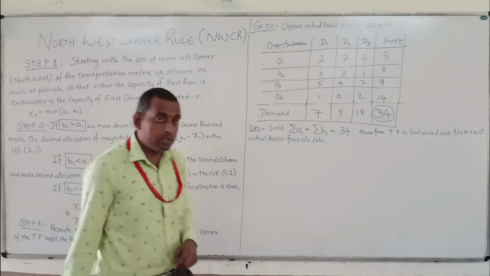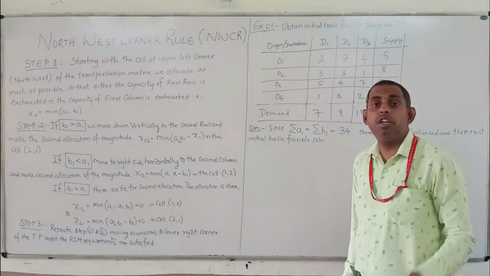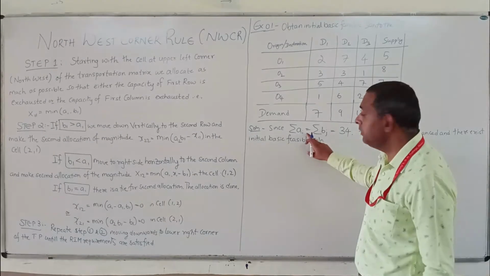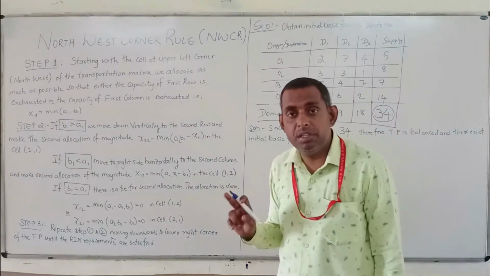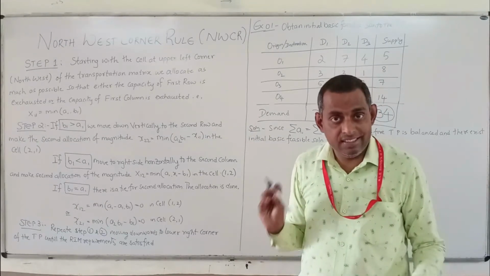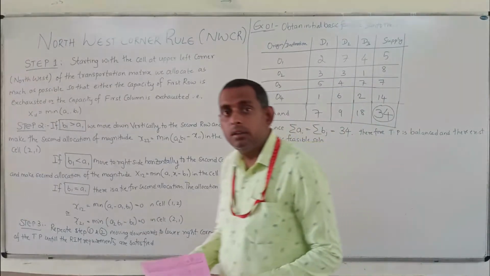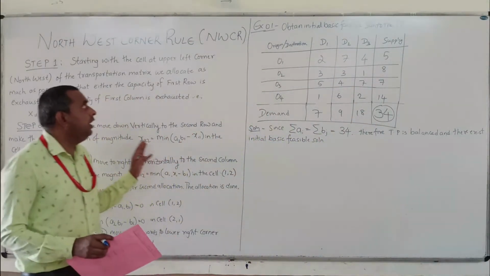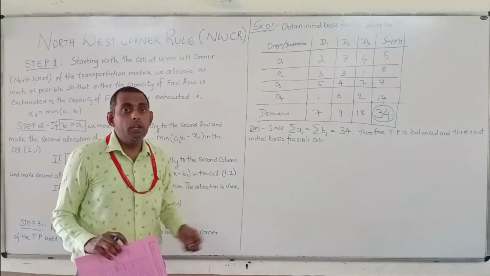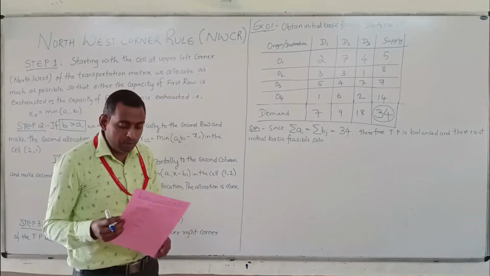Fine. So if you have studied the mathematical formulation of the transportation problem, summation Ai should be equal to summation Bj, then only the initial basic feasible solution exists. If summation Ai is equal to summation Bj, then only we can use the northwest corner rule, or it can be solved by any of the transportation methods. Otherwise, you cannot get an initial basic feasible solution.